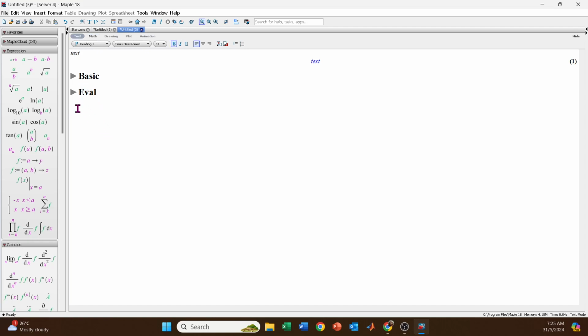Then I can close it, and then I can open it. For example, like this. And then here, I open the previously typed file.